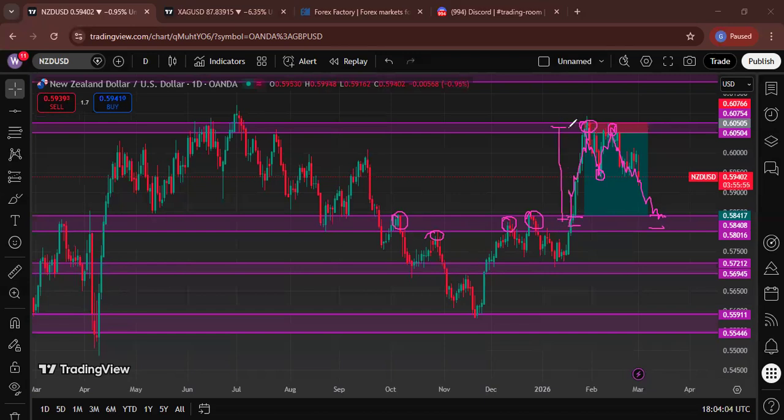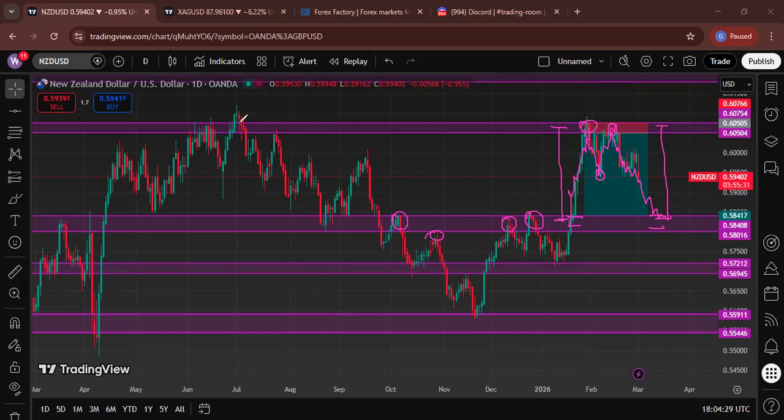Okay, so you have that. We have that right there, and then now this like that. Okay, so we'll be waiting for the full range to be filled and price to drop back to this demand area of 0.58400 areas. Okay, and you can see this is a range on the daily time frame.